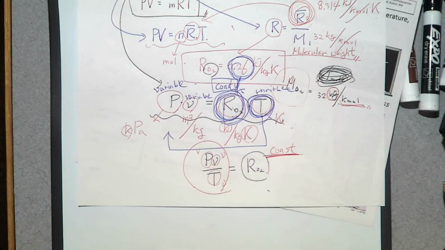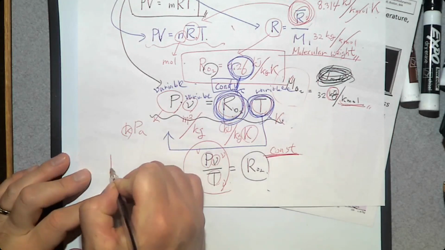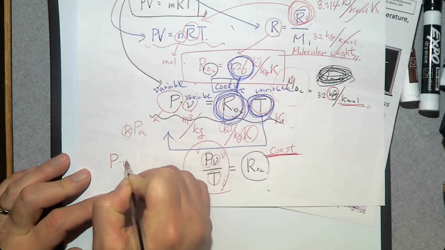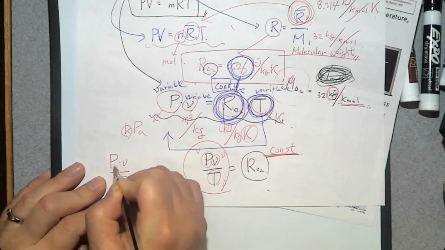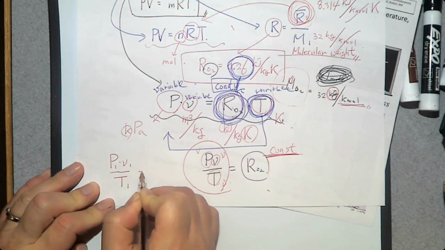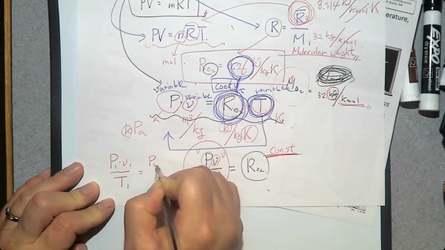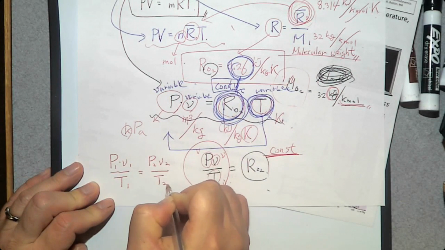As long as you have the same oxygen, Pv over T should always be this gas constant. Okay? So pressure times specific volume divided by temperature at the initial state, P1 v1 over T1, should be the same as P2 v2 over T2.